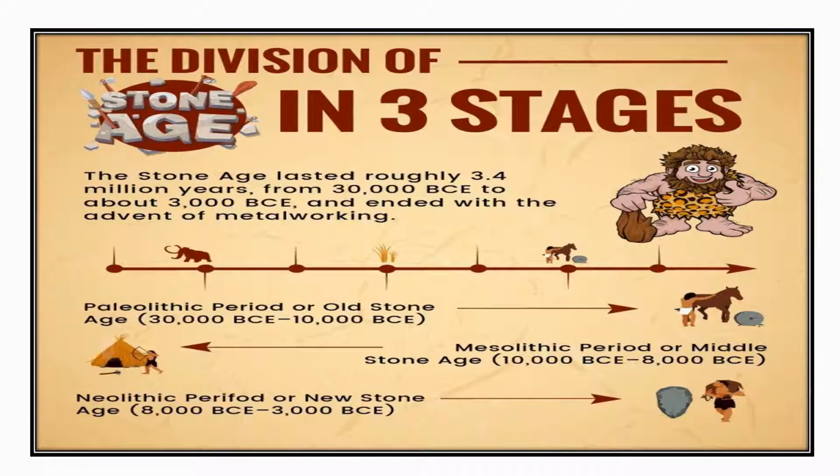Paleolithic period or Old Stone Age is from 30,000 BCE to 10,000 BCE. Mesolithic period or Middle Stone Age is from 10,000 BCE to 8,000 BCE. Neolithic period or New Stone Age is from 8,000 BCE to 3,000 BCE.